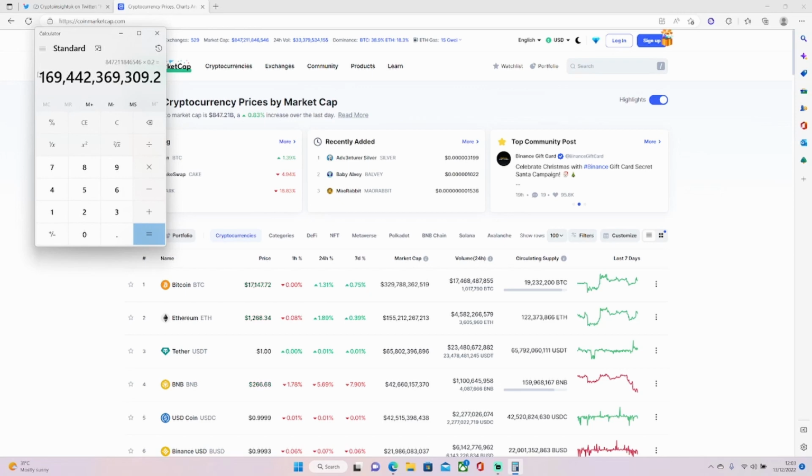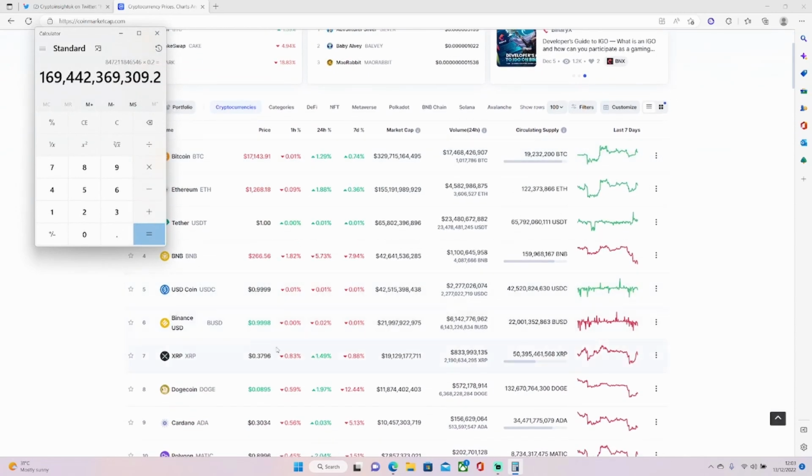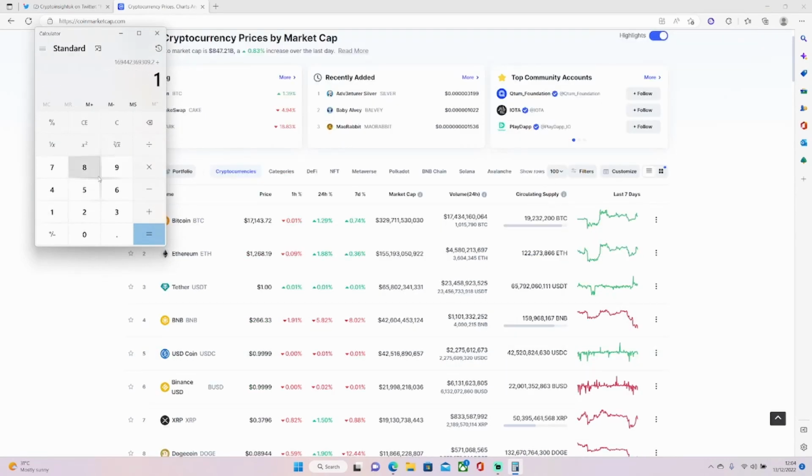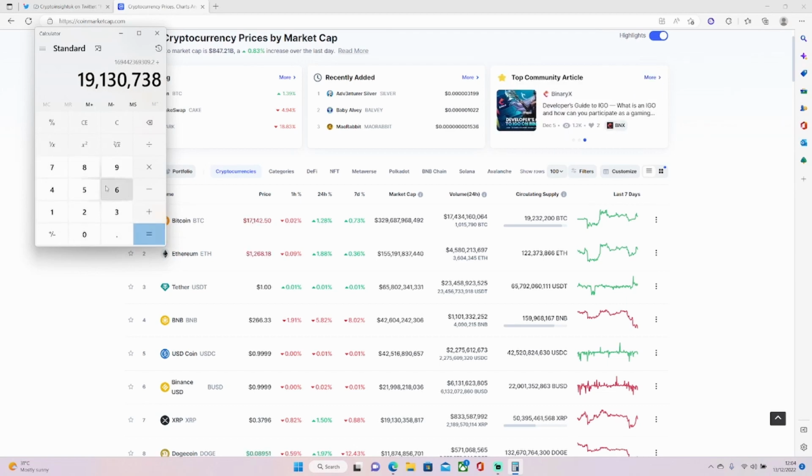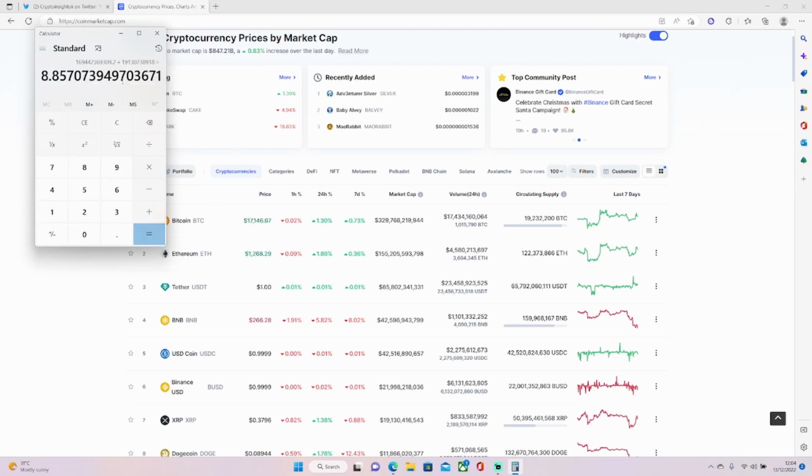That would be 169 billion there for XRP. Right now we're at 19.12 billion, divided by 19.130, 738,918. It will be 8.8 times the price of what XRP is at right now.